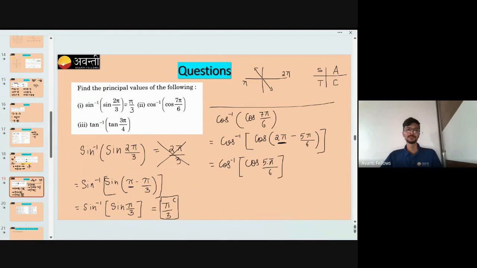Now, check if 5 pi by 6 is between 0 to 180. 5 pi by 6 means 150 degrees. So 150 degrees lies in the PVR of cos inverse, which is 0 to 180 degrees. So I can use set 2 of the property, cancel cos inverse and cos, and write the answer as 5 pi by 6. So cos inverse of cos 7 pi by 6 is 5 pi by 6.